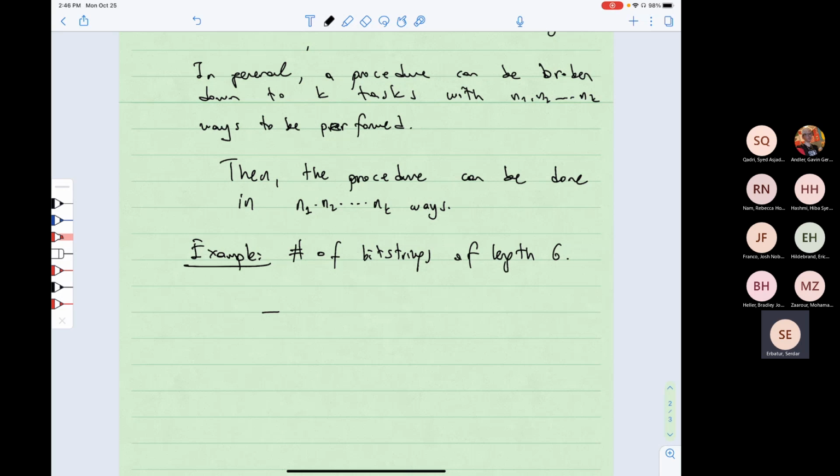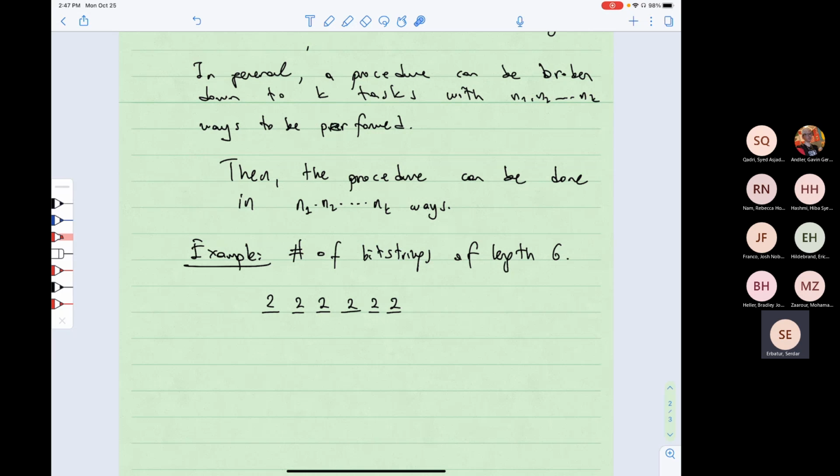So if I want to write the first bit, how many options do I have? A bit is 0 or 1, so it can be 2. Now I want to write the second bit. Again, I have only 2 options, and it doesn't rely on the first one at all. I'm just writing the positions, and for each position, I'm showing the number of options that I have.